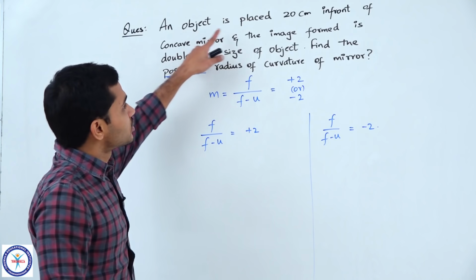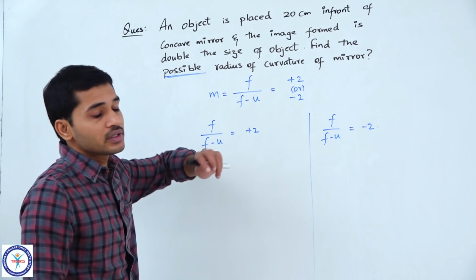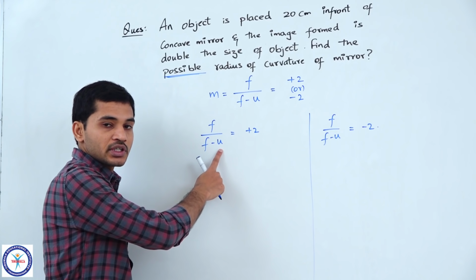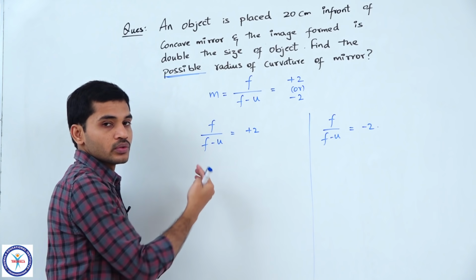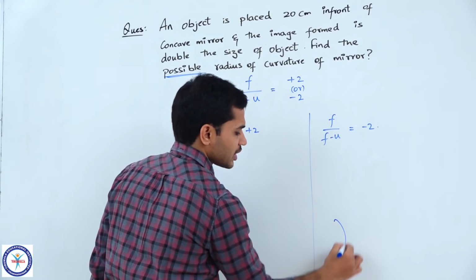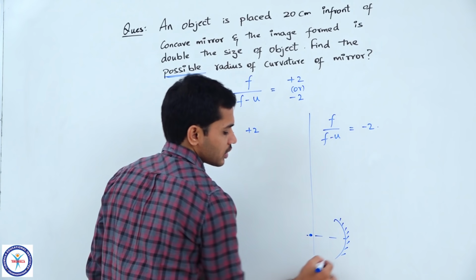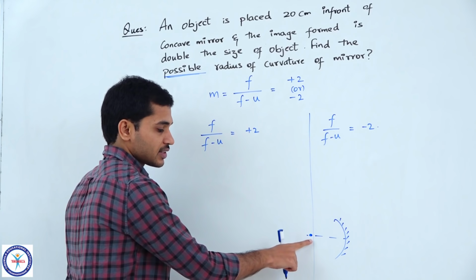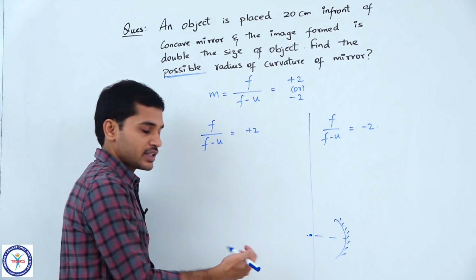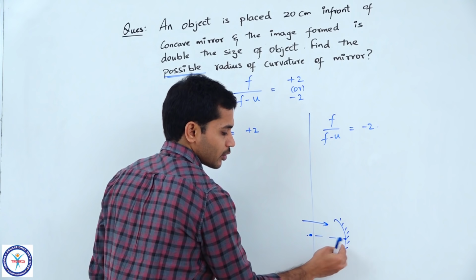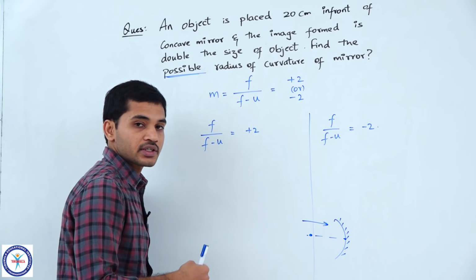In this case we need to substitute the value of u. It is given that the object is placed in front of a mirror at 20 centimeters. So, what is the value of u I should be substituting here? Is it 20? No, because if the mirror is something like this and the object is over here in front of the concave mirror, we should always be considering this as negative u, because the light rays will be going in this direction, but the object is on the other side, correct.